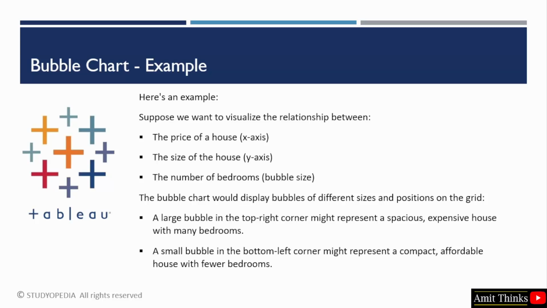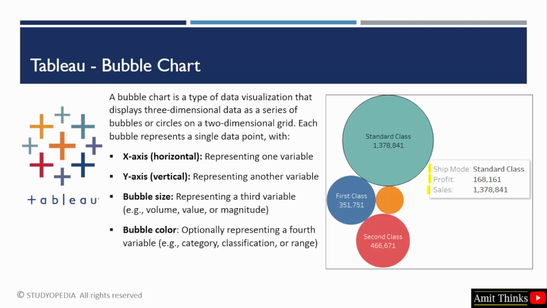Let us see another example to understand a bubble chart. Let's say you want to visualize the relationship between the price of a house, which is your x-axis, the size, your y-axis, and the number of bedrooms as the bubble size. Now our bubble chart will display bubbles of different sizes and positions. There will be larger bubbles and smaller bubbles, like here we have larger circles and smaller circles.